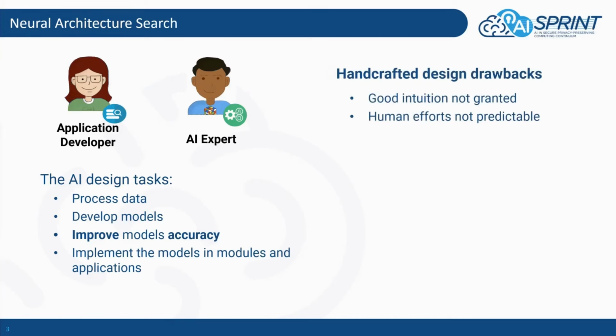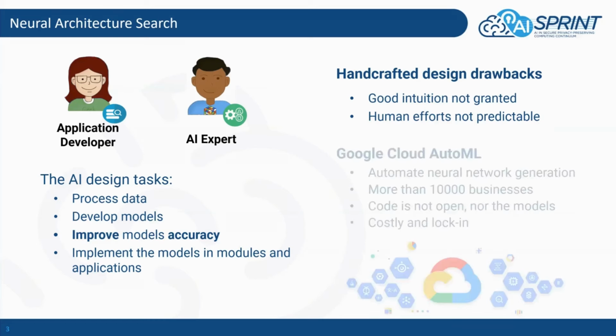Typically, this set of models come from good intuitions and a lot of human effort, but we know that not always good intuitions, especially in the deep learning field, lead to good architectures, and many times the human effort is way too much and expensive.